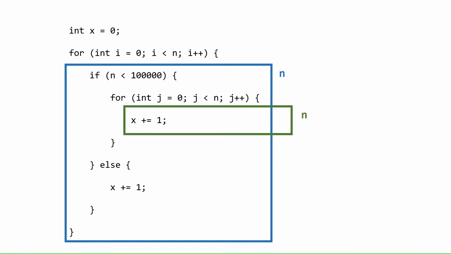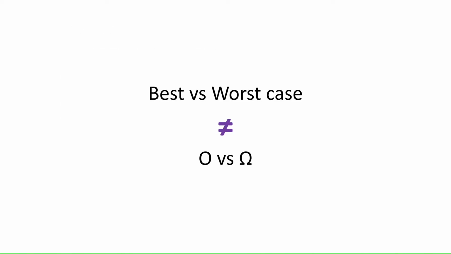It might seem like because this number is so high, we're going to be doing n times n work, but this is actually not true because as n goes to infinity, all values from above 100,000 to infinity are going to go into this other conditional, and that's many more than 100,000. So as n goes to infinity, it's actually going to only be doing work on an order of n.